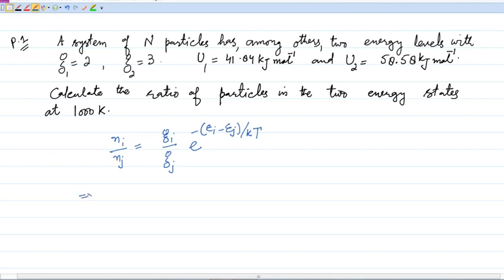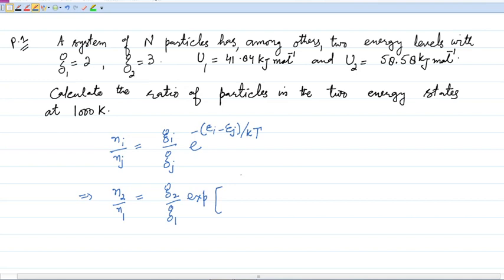It is given that energies U1 and U2 and G1 and G2 are also given. So we will transform this equation into, suppose, N2 upon N1 will be equal to G2 upon G1 as per this equation, and e is simply the exponential.